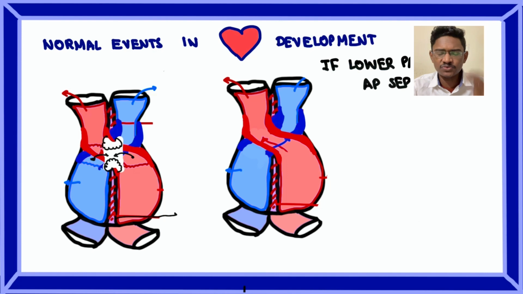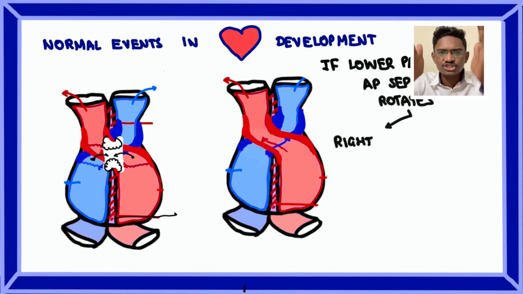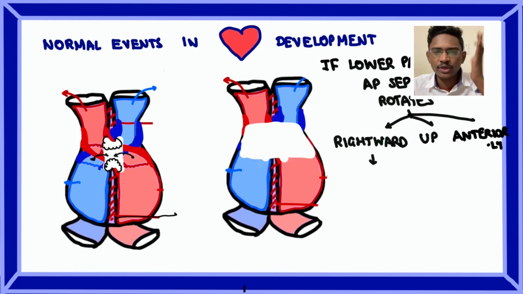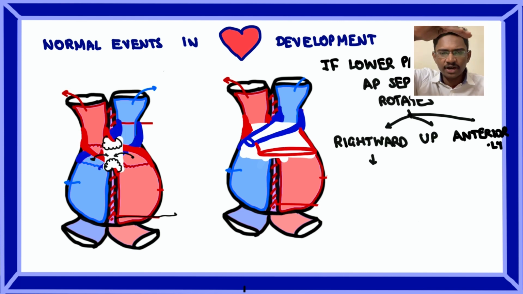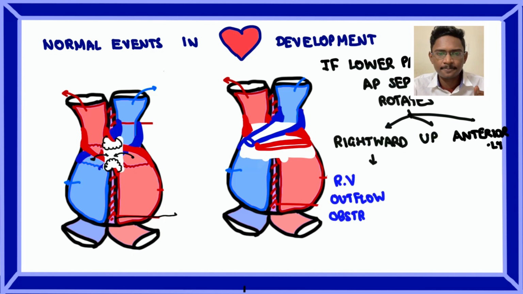If it shifts rightward, the pulmonary trunk will be shifted to the right, and the aorta will be a common chamber for the left ventricle as well as the right ventricle, which we call overriding of the aorta. Since it is shifted rightward, the pulmonary trunk will be narrowed, so there exists a component of pulmonary stenosis.